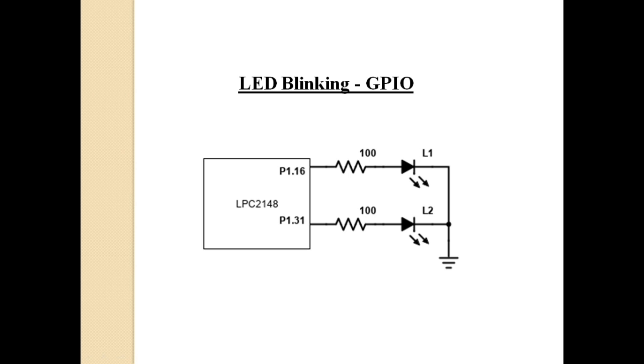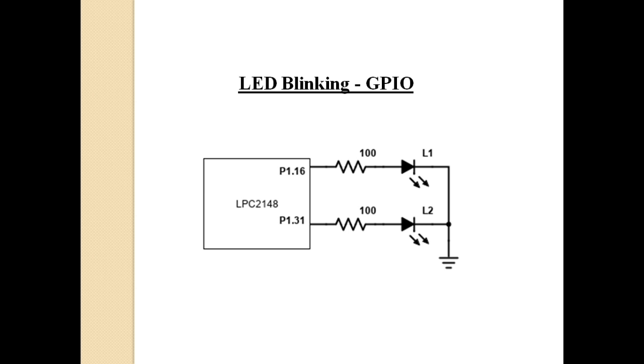Now we are going to do the first experiment with LPC2148. The first experiment will be blinking of some LEDs connected to the GPIO port. So here I have connected 16 LEDs from P1.16, that is the 16th pin of port 1, till the 31st pin of port 1, P1.31.